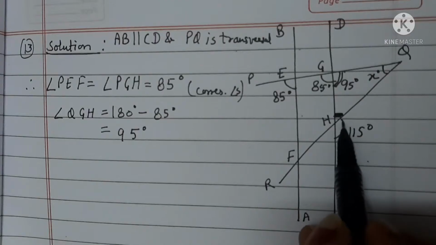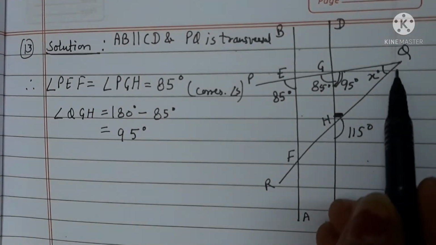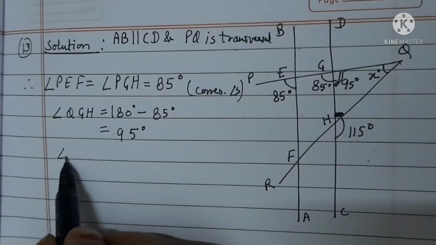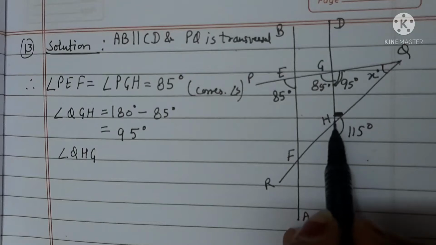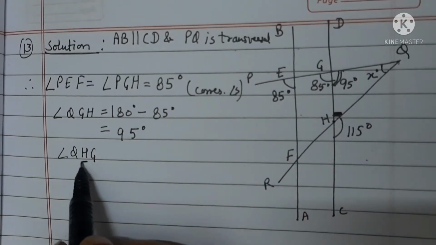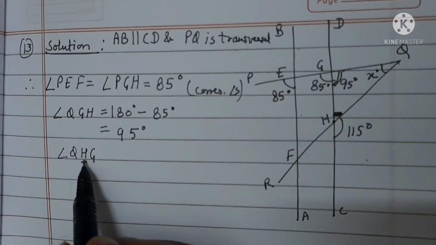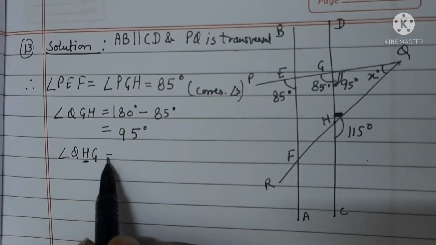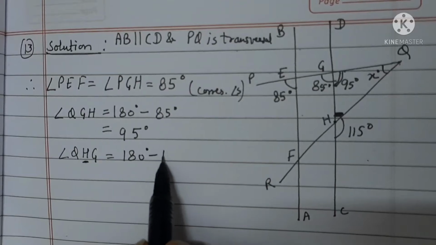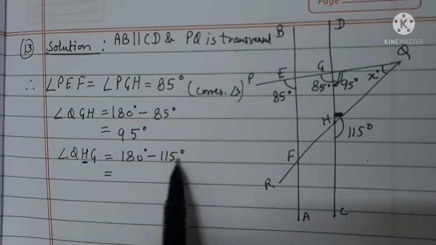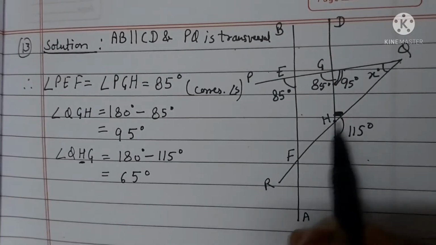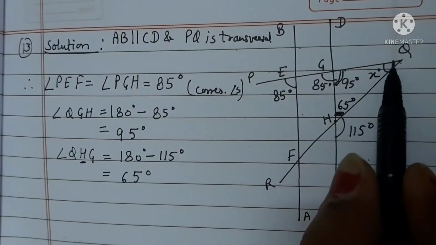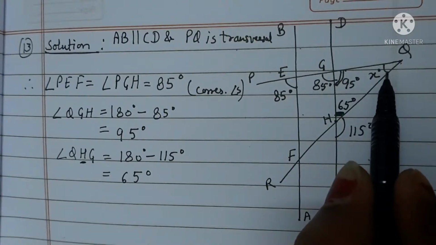For the other angle, 180 minus 115. So write angle QHG, because the angle is formed at point H. Angle QHG is equal to 180 minus 115 degrees. 10 minus 5 is 5, 7 minus 1 is 6, so 65 degrees. The sum of these three angles will be 180.